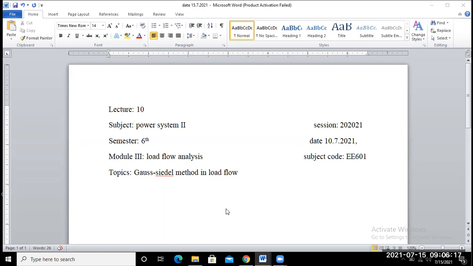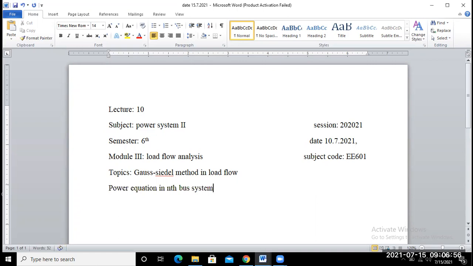Okay, so let's start today's class. Today we are going to discuss the Gauss-Seidel method in load flow analysis. First of all, we write the power equation. How can we write the power equation in an n-bus system?